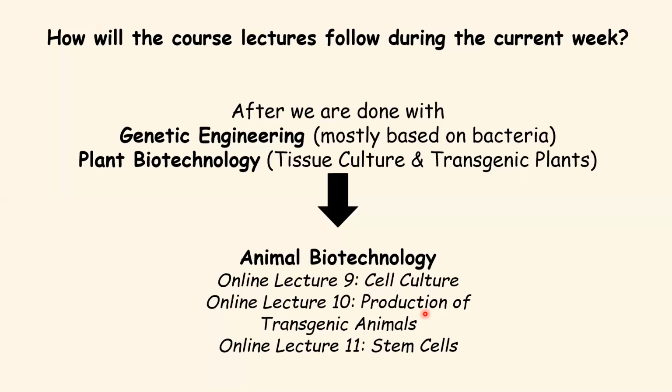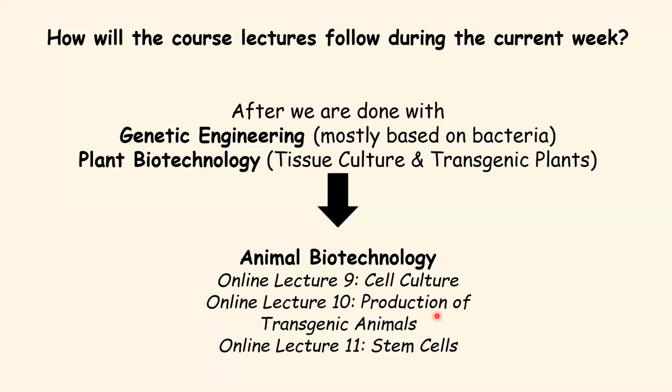It was a little tricky whether we should teach this topic before transgenic animal production or animal production before stem cells. But I think we can blend it together when we have discussed number 10 and number 11. At the end of lecture number 11, I will blend it together. Hopefully we will have a good understanding of it.